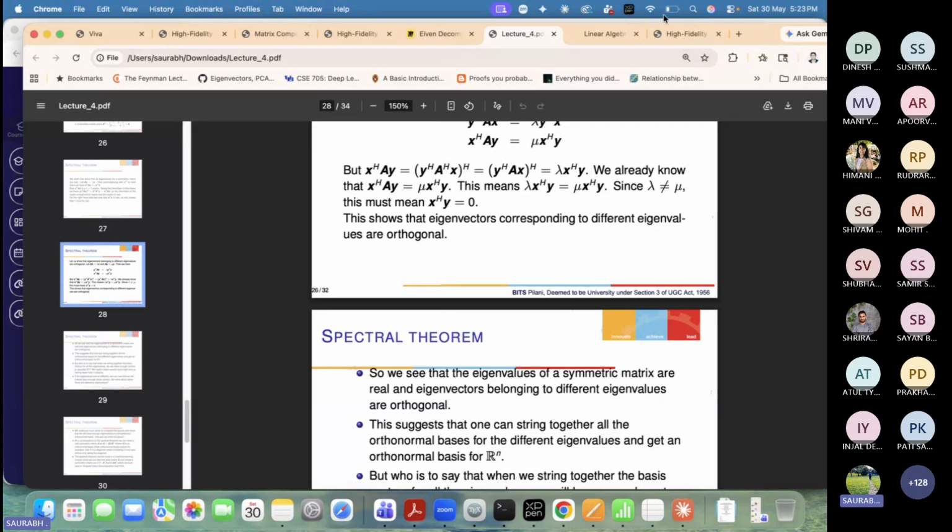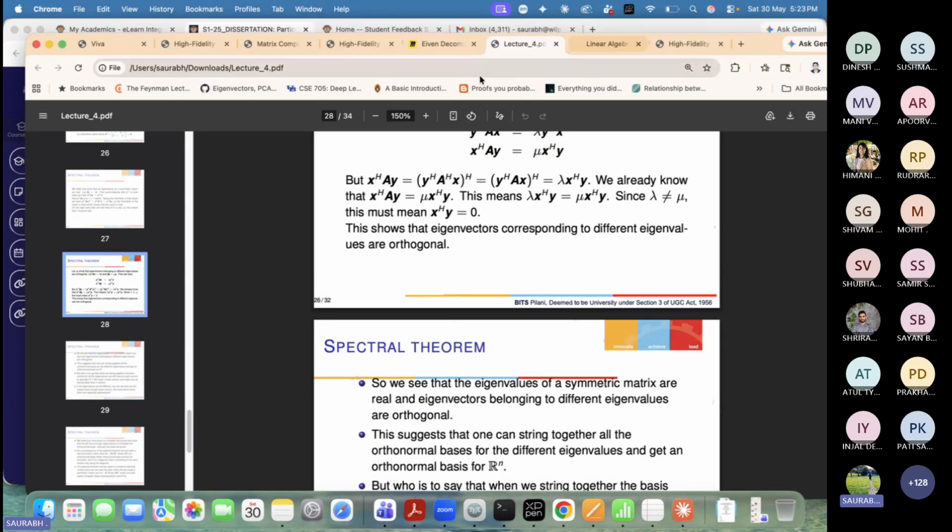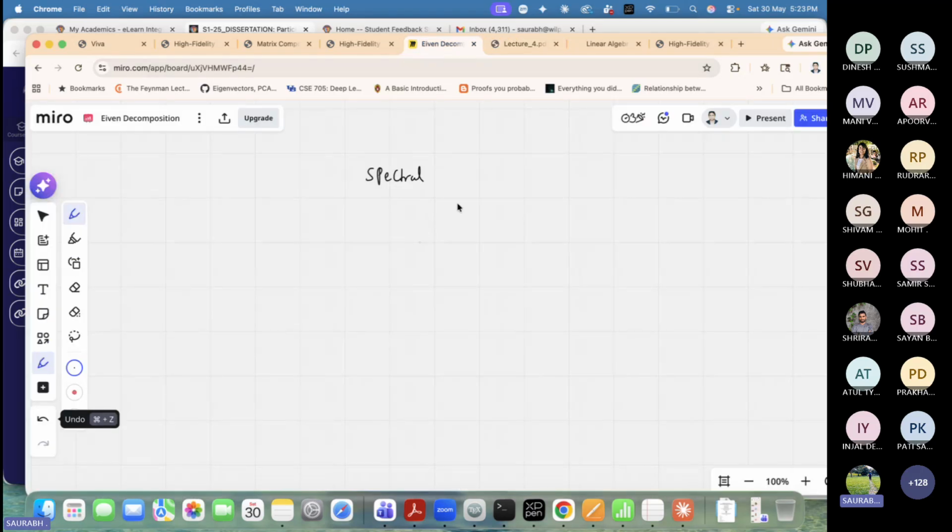Based on this, singular value decomposition comes in. So spectral decomposition says, if there is a square matrix. Among the kinds of square matrices, you already know the symmetric matrix, right? Wherein A transpose equals A.